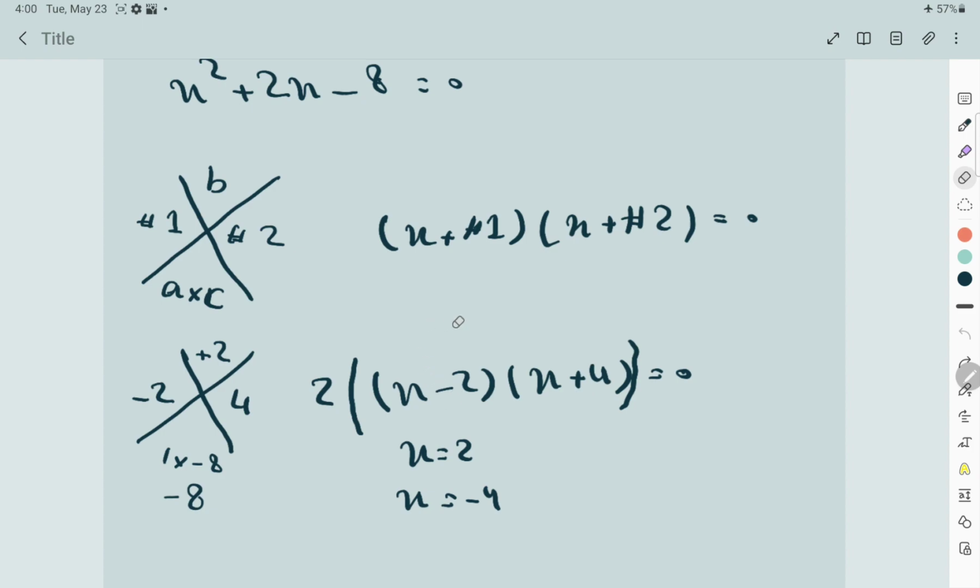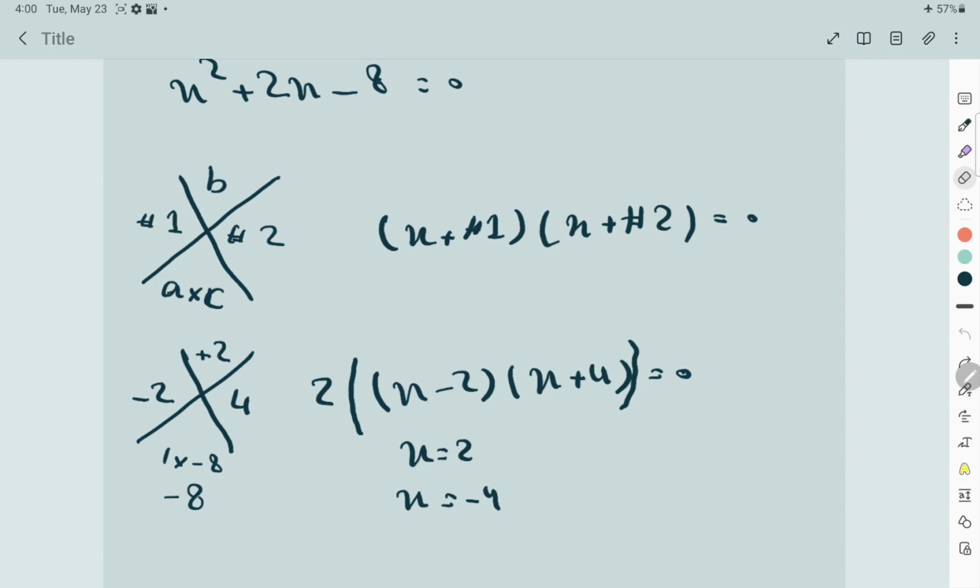Okay, so either this parenthesis must equal 0 or this parenthesis must equal 0, in order for your whole equation to equal 0, because any number times 0 is 0. So x minus 2 must equal 0. At what value of x, when you subtract 2 from it, do you get 0?